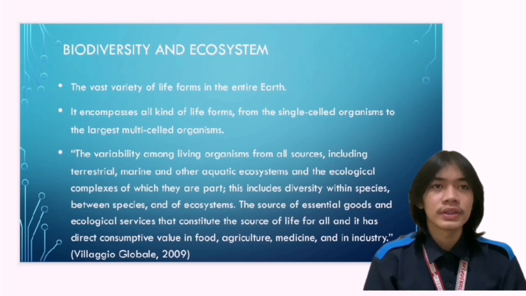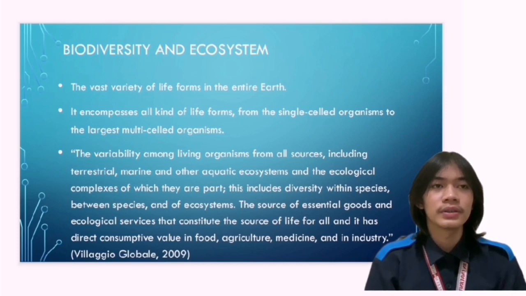The source of essential goods and ecological service that constitute the source of life for all, and it has direct consumptive value in food, agriculture, medicine, and in industry. According to Global 2009, differences of the organism can be within species, between species, or ecosystem.